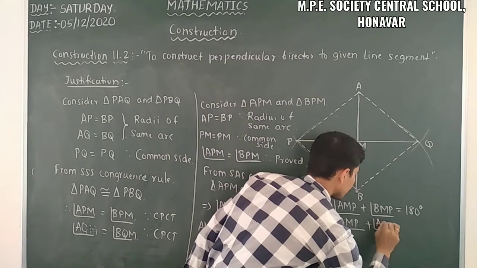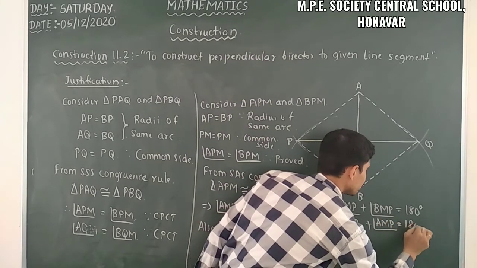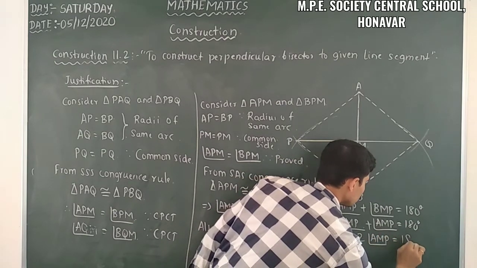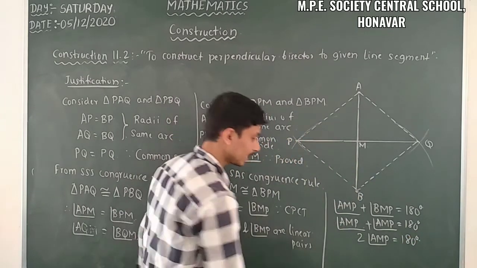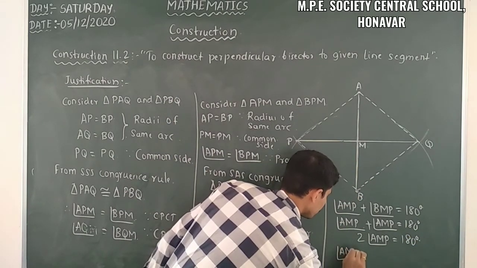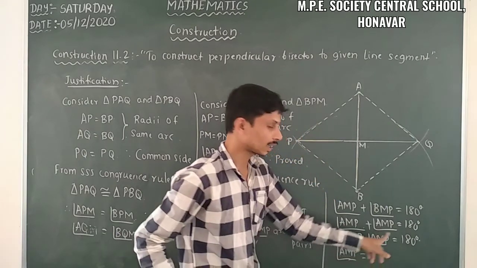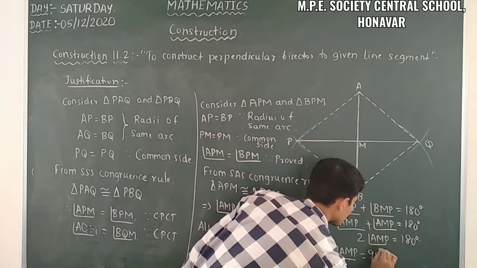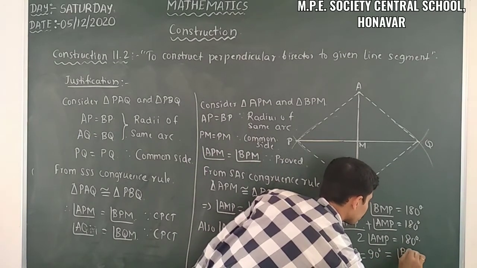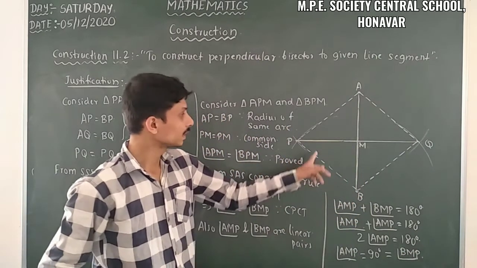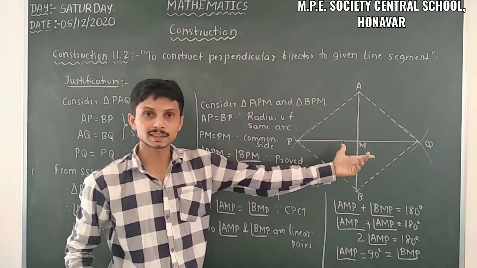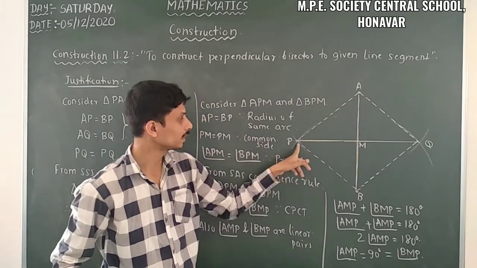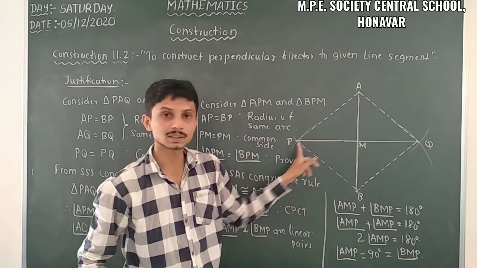That is, 2 into angle AMP is equal to 180 degrees. So when we transpose the 2 to the RHS, we get angle AMP is equal to 90 degrees. Likewise, it is also equal to angle BMP. That means whatever we constructed here, the perpendicular bisector, is true. That is, angle AMP is 90 degrees and angle BMP is 90 degrees.